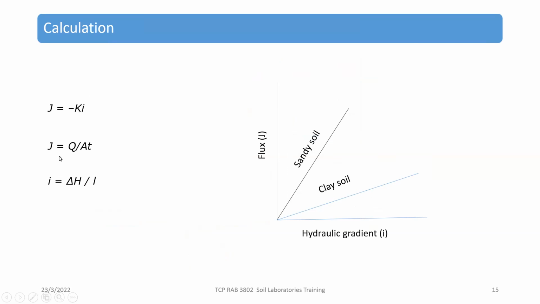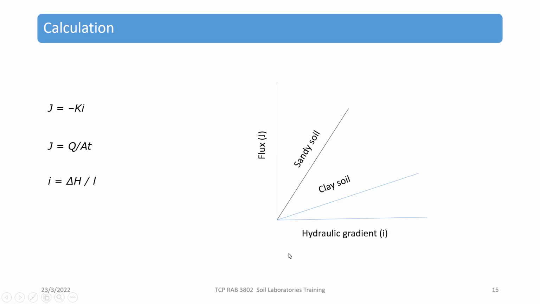The flux, as we mentioned, equals the quantity of water that passes through the saturated soil divided by the area of this column multiplied by time. And the hydraulic gradient equals the difference of the head over the length.